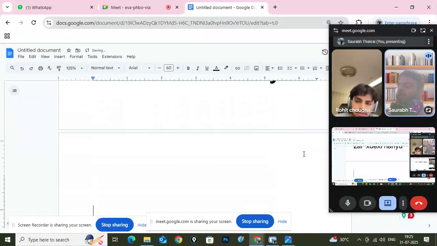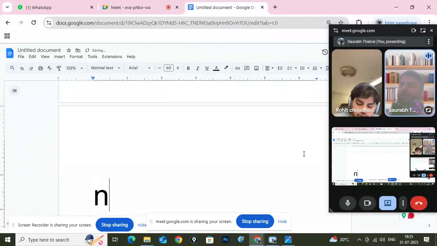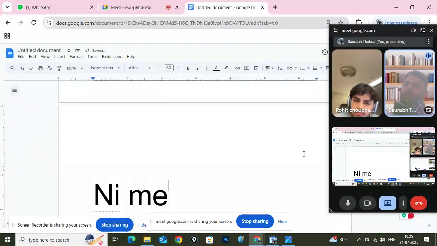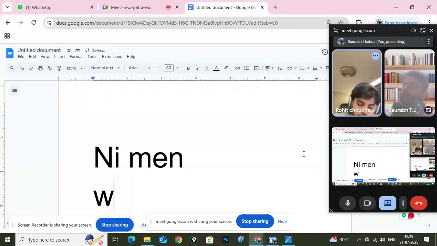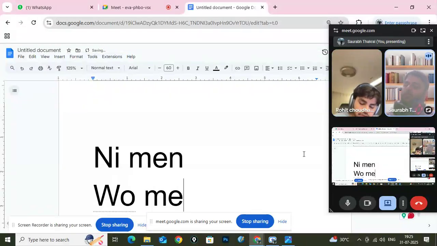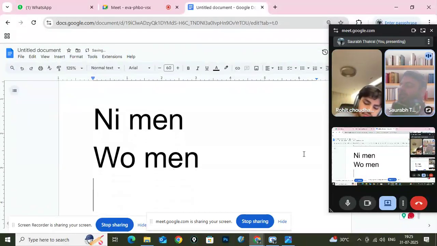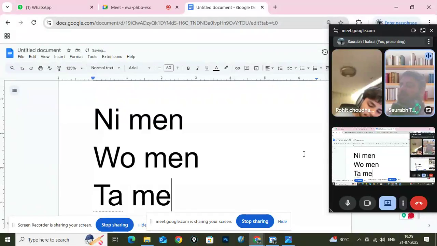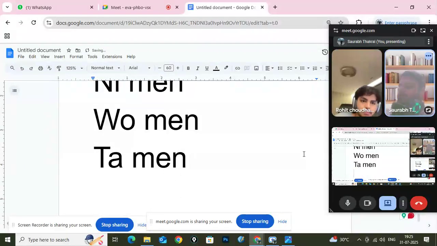Yes, whenever it is like ni is you, when we say nimen, it becomes you all, plural. Like wo is I, and when we add men, women becomes we. Similarly, it is ta and tamen. Men is plural. Similarly, when we add it with xuesheng, it becomes students.